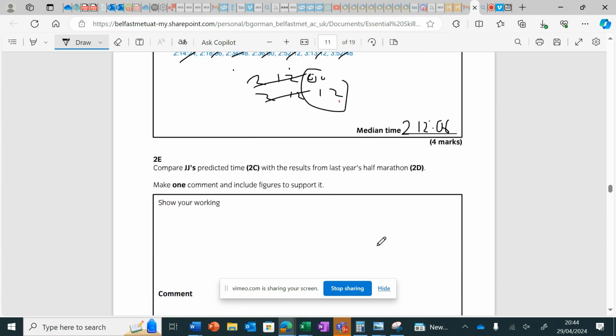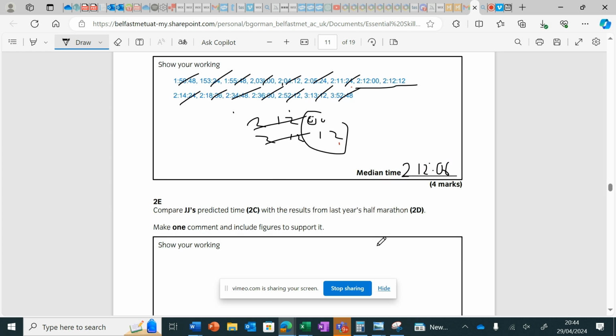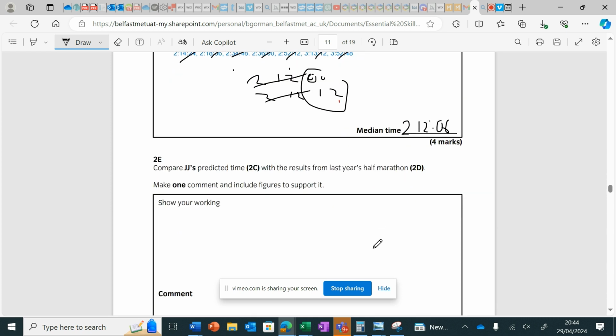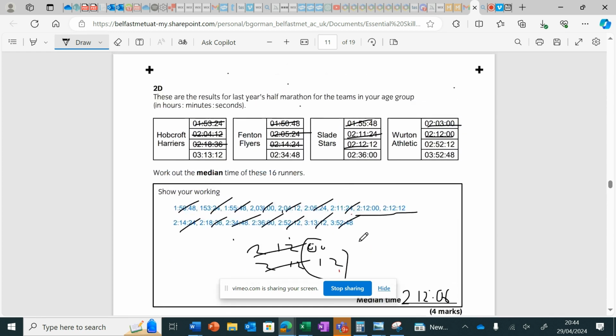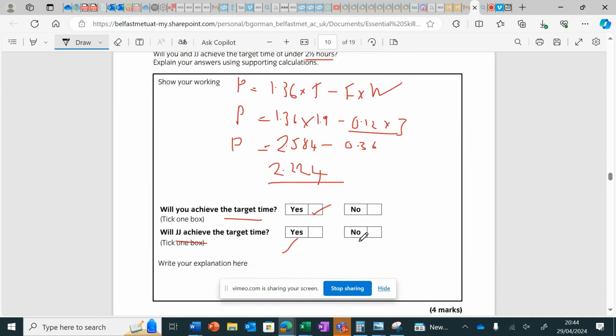It says compare JJ's predicted time with the results from last year's half marathon. Make one comment, include figures to support it. Well, we didn't work out JJ's predicted time, so we've got to work it out now.